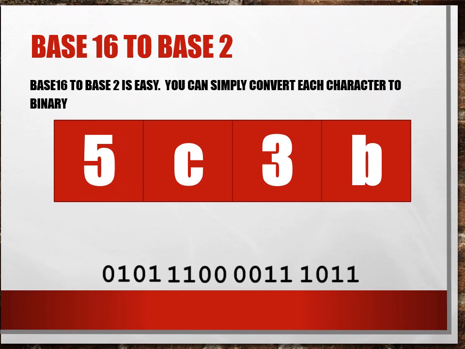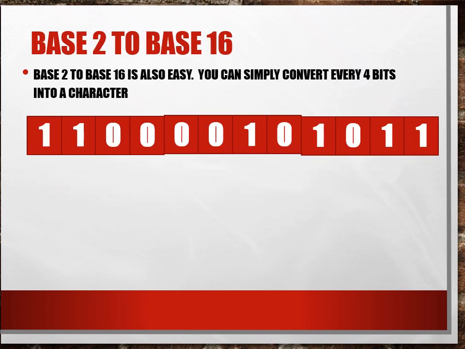Now the same would be true in converting binary into hex. So if I had this string of 16 ones and zeros in base 2, and I wanted to convert it into hex, well, I could just break it down into those 4-digit components. So here I've got these sets of ones and zeros.